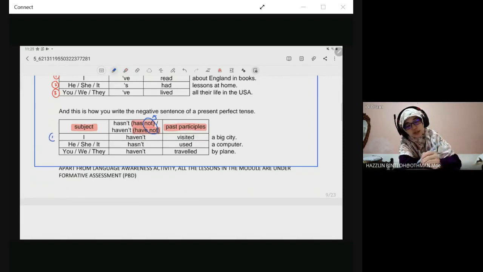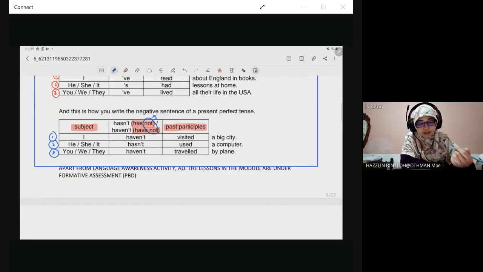The first one, I haven't visited a big city. He hasn't used a computer. The third one, they haven't traveled by plane. Okay, it's very similar.